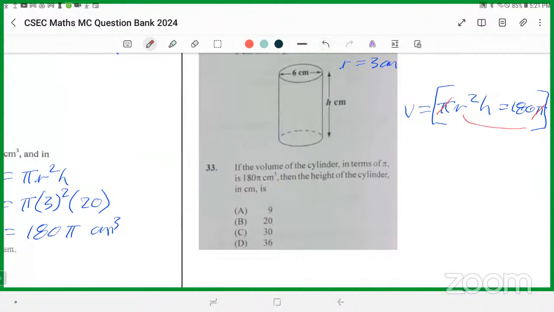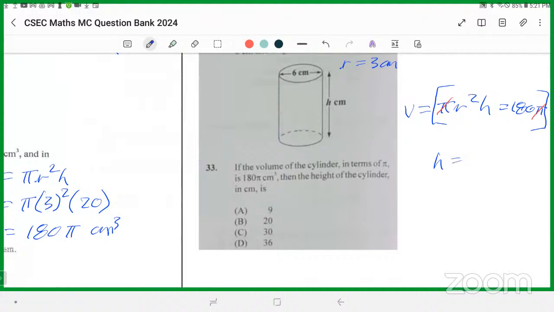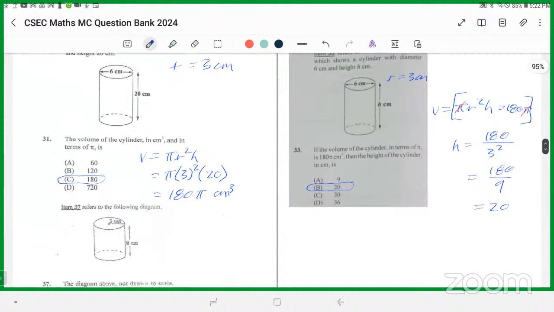So we're going to divide by r squared. Then we end up with h equals 180 divided by r squared, but r is 3, so it's 3 squared. So it becomes 180 divided by 9, which works out to 20. So h is this 20. It's an interchange on the same question, really. CSEC likes to do that.